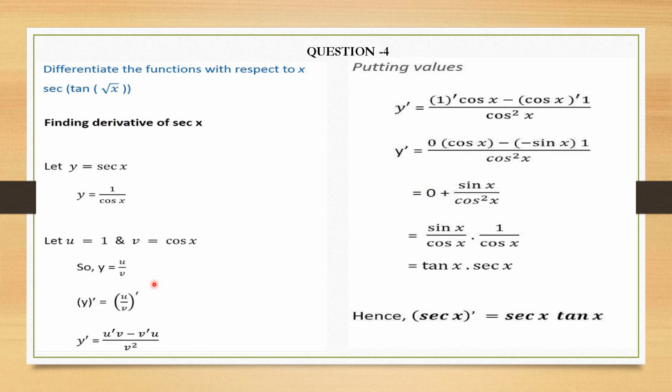Firstly, you should recapitulate, because you need not do it that way, but I'm just reminding you how the derivative of secant x is taken. Secant x is 1 upon cos, so you can go for the quotient rule. Otherwise, if you remember, the derivative of secant x is secant x tan x.